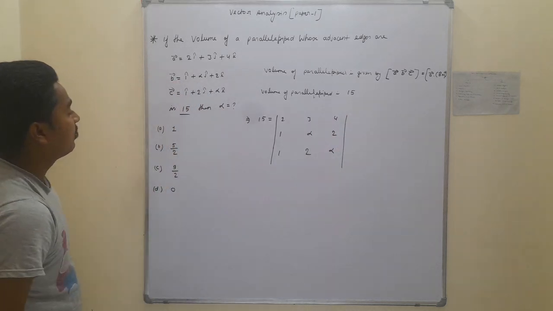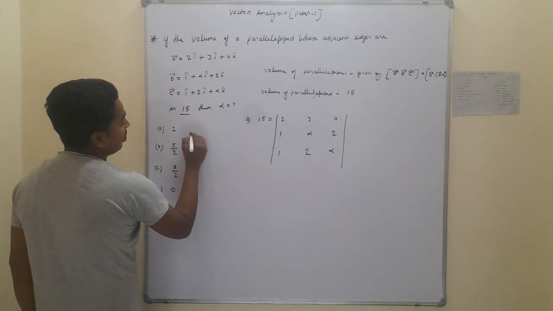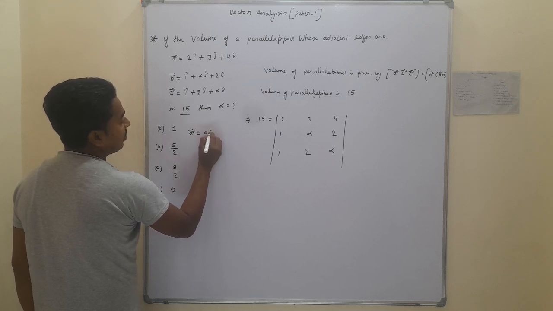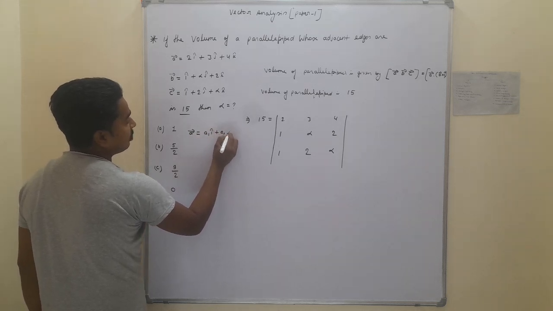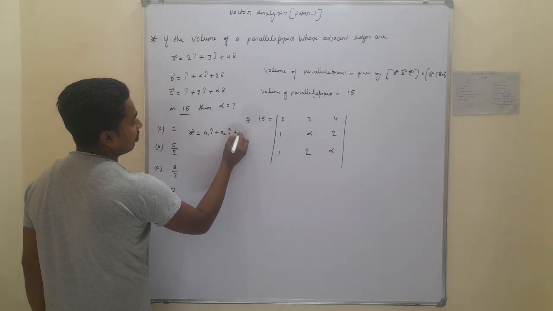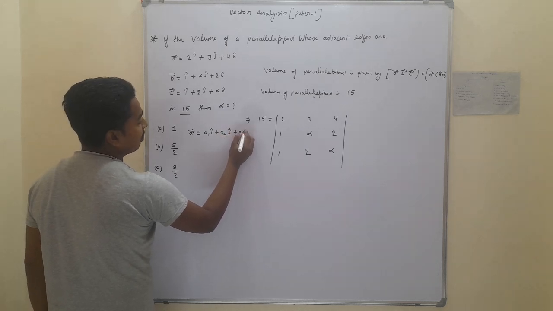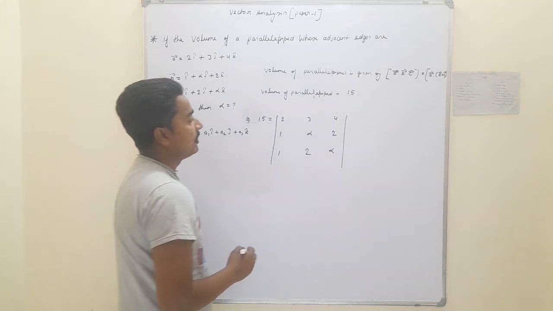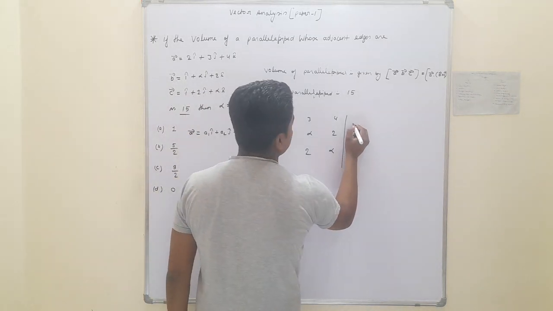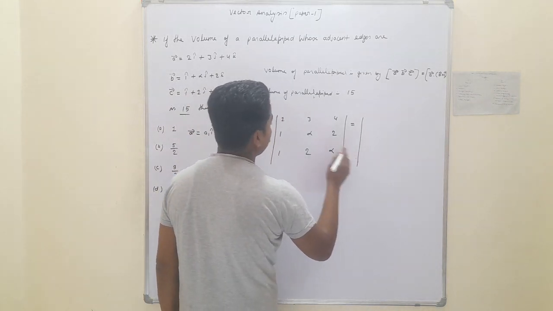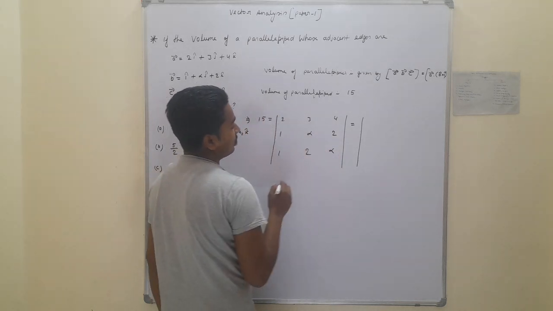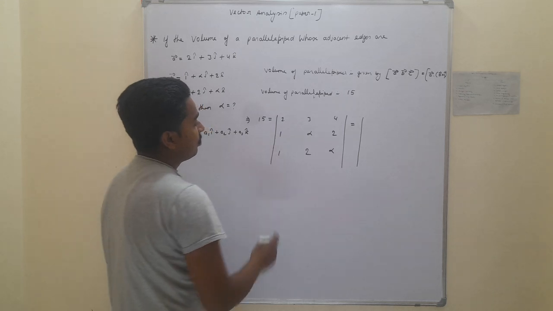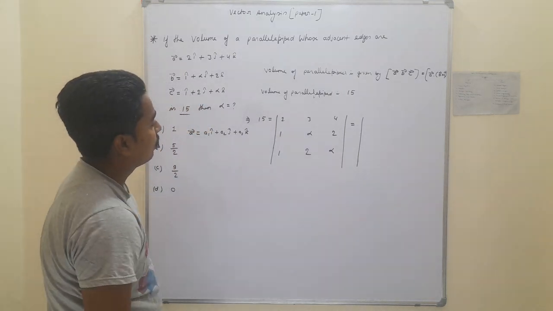Comparing the given vectors with the form a = a1 i cap plus a2 j cap plus a3 k cap, we solve the determinant, taking the first row.